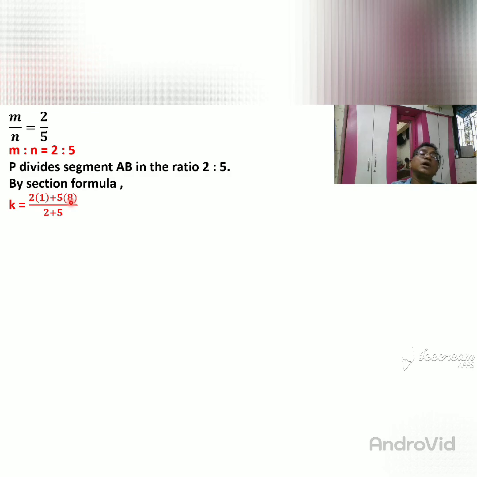Then x1 is 8. m plus n, 2 plus 5. 2 into 1 is 2, plus 5 into 8 is 40. 2 plus 40, 42, divided by 2 plus 5, 7. 7 sixes are 42. So k is equal to 6.